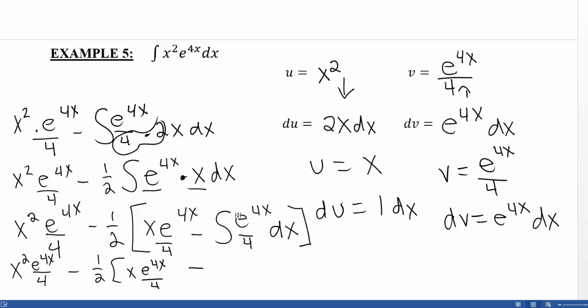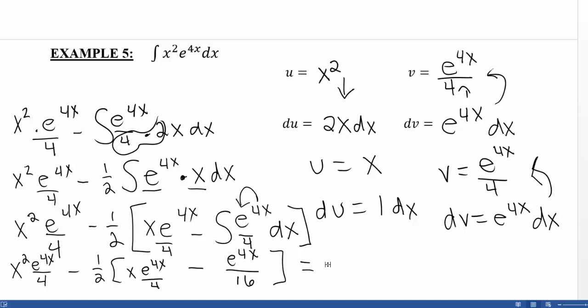We know from both of our setups here that the antiderivative of e to the 4x is e to the 4x over 4. Which means that when I do this integral here, another 4 is going to come out when I find the antiderivative. So that means I'm going to have minus e to the 4x over 16. So again, another 4 came out when I did the antiderivative.